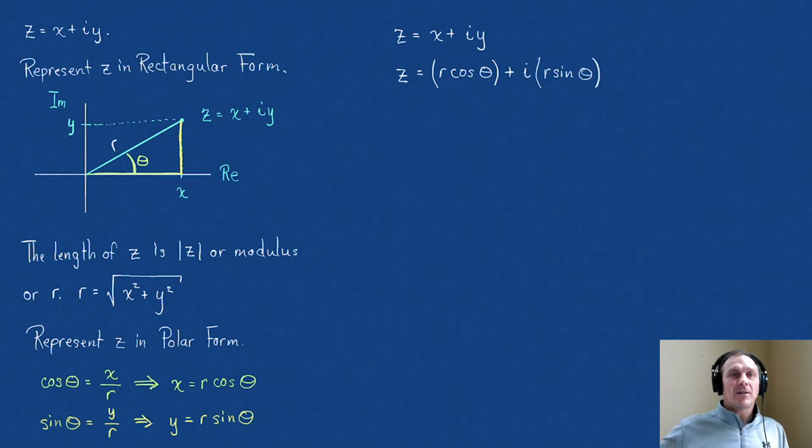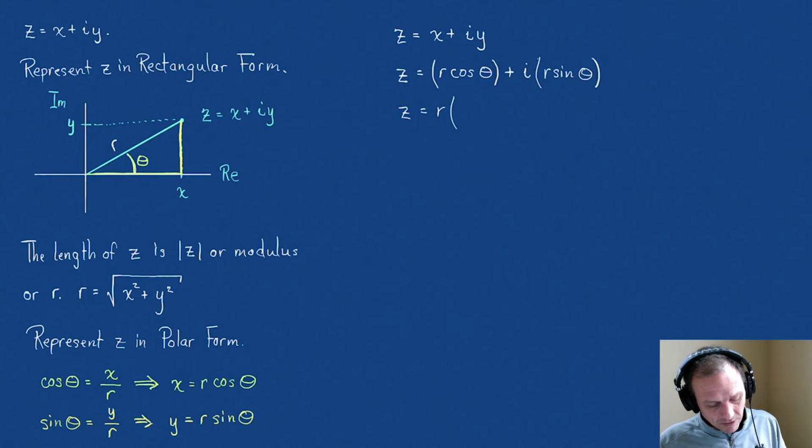Obviously, we have a greatest common factor of r, so let's factor out our r. So I'm going to write this as z equals r times, parentheses, cosine of theta plus i times the sine of theta.